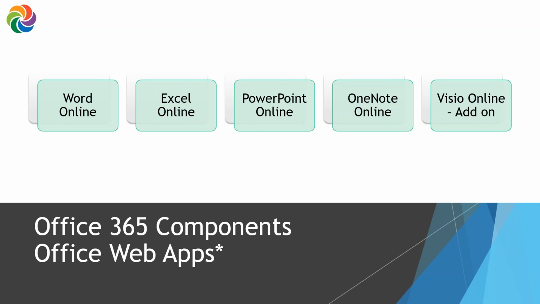Now, they're not the full versions like you would have on your desktop, but in most cases, to do some basic editing of the document, and even a little more than just basic editing, the web versions are just fine for viewing a document or for making some minor changes, etc. And for those, all you have to do is log into Office 365 and you'll have access to those.